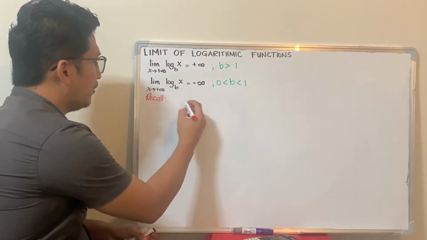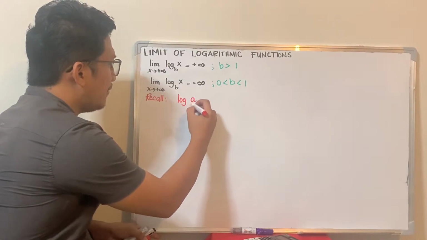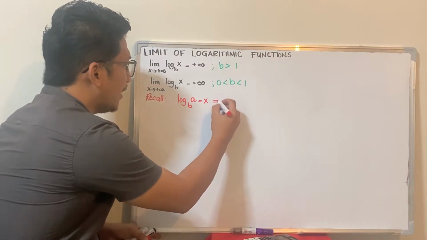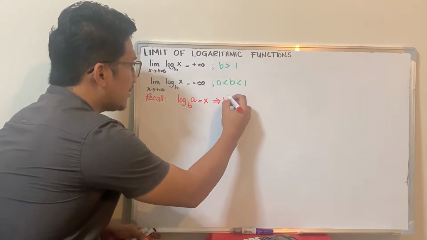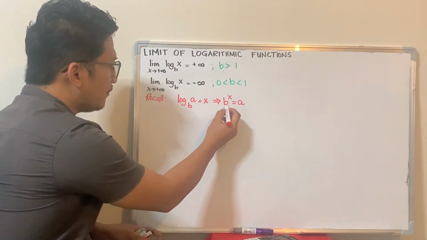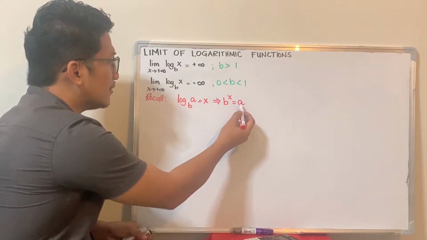Recall, if I have the logarithm of a base b equals x, then this implies that b raised to x is equal to a. So the base here is b, of course. This is basically the exponent, and this is the result. Okay?